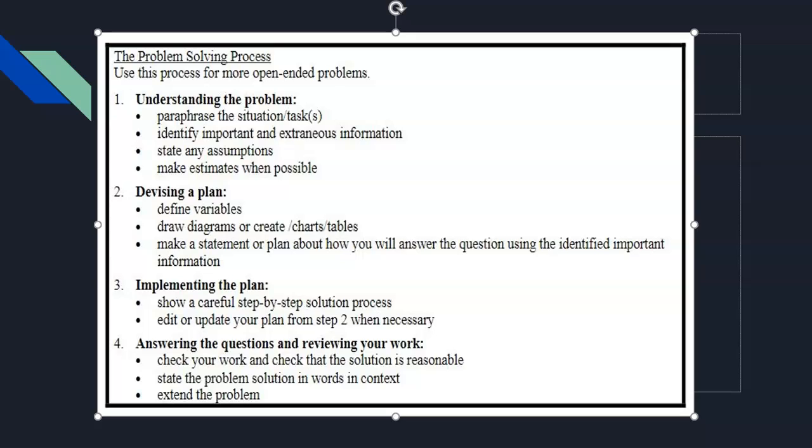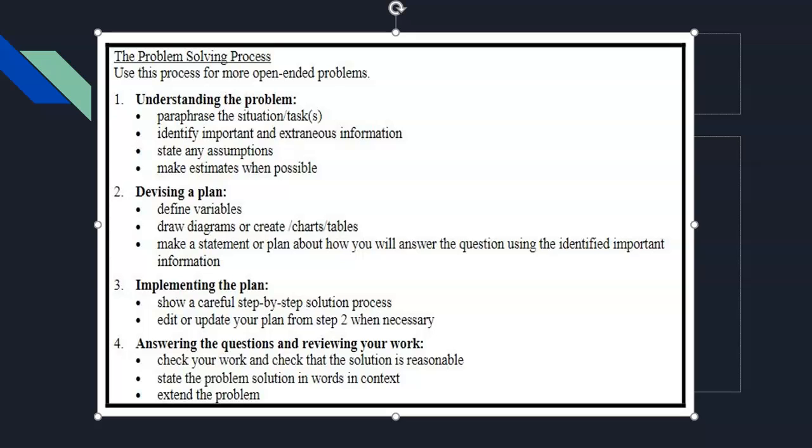So you should always paraphrase the situation or task, identify the important and extraneous information, state any assumptions, and make estimates when possible. Also, devise a plan. So define your variables, independent and dependent variables, or your x and y. Draw diagrams or create charts or tables. That will be a lot easier. Make a statement or plan about how you will answer the question using the identified important information.